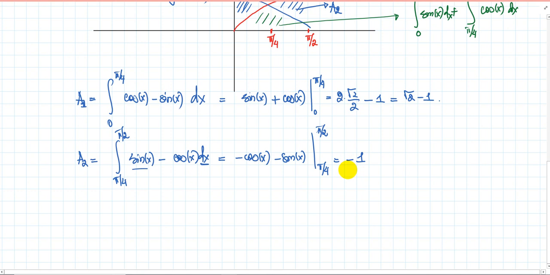Now, minus, we put in minus cosine of pi over 4, which is square root of 2 over 2. Minus square root of 2 over 2... which is the same as the square root of 2 minus 1. So the area dashed with the blue color, A1 plus A2, is equal to 2 multiplied by the square root of 2 minus 1, which is 2 times the square root of 2 minus 2.